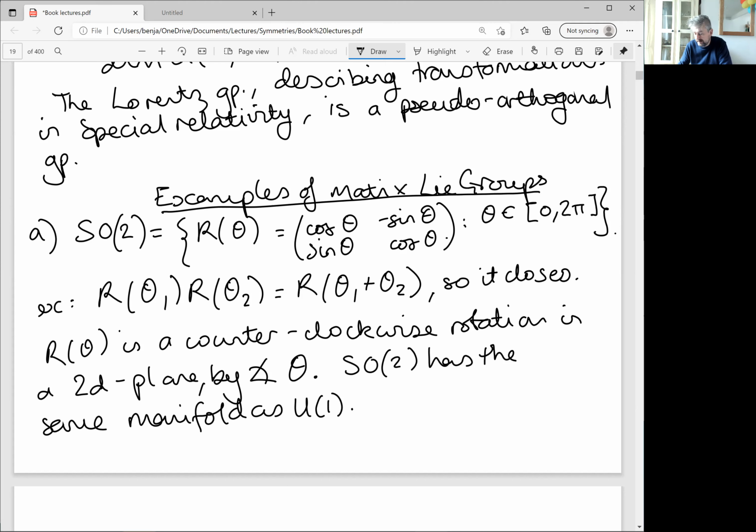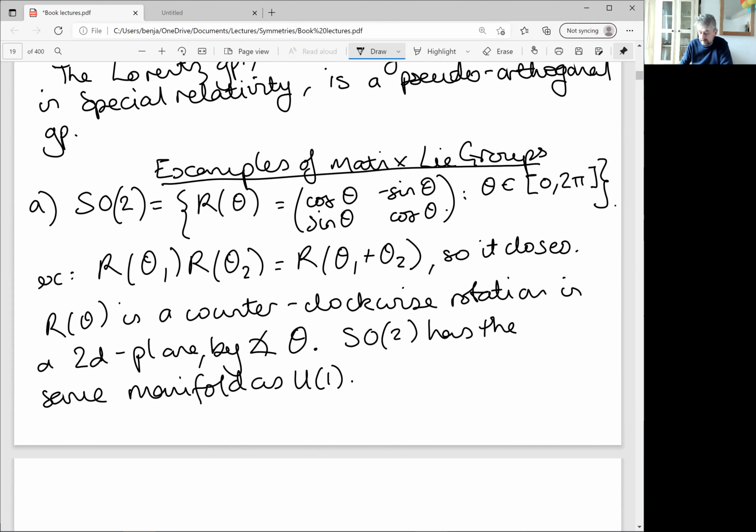Indeed, there's this map. We can use the e^(i theta) map. And so that means that these two groups are isomorphic. And we write the isomorphism, as we said before, like that.